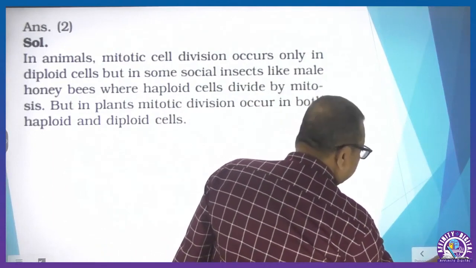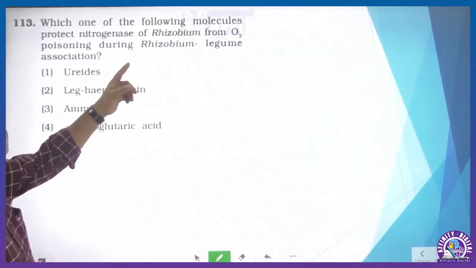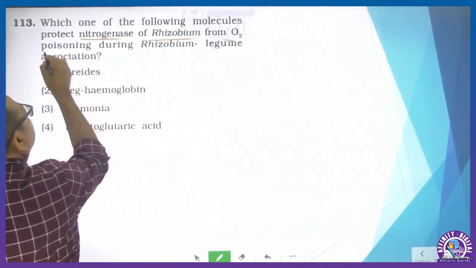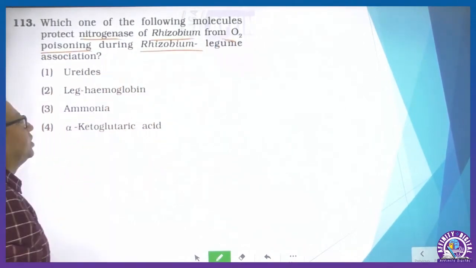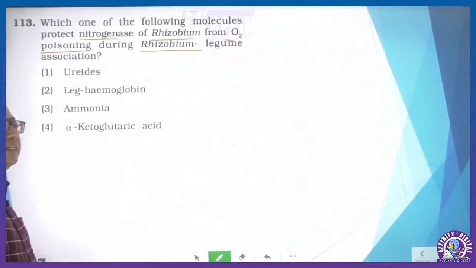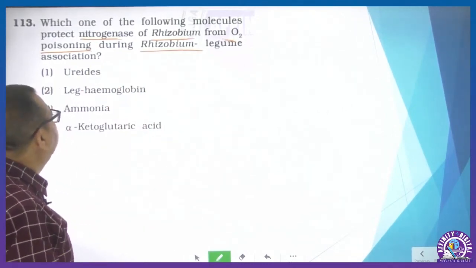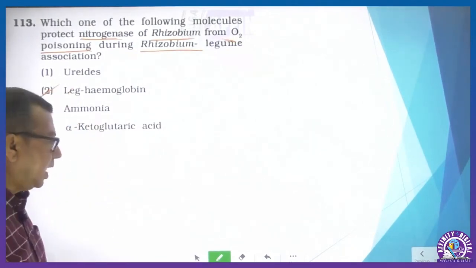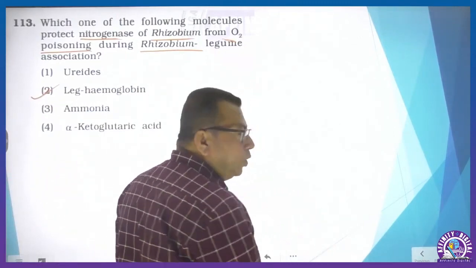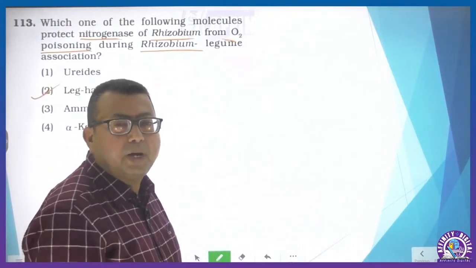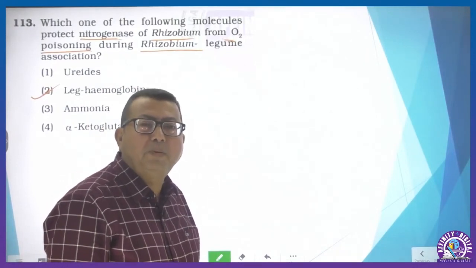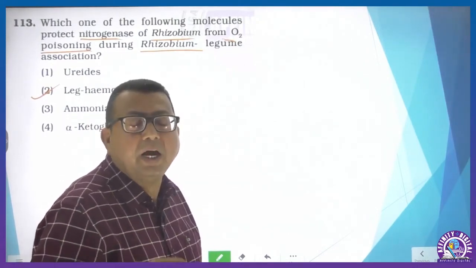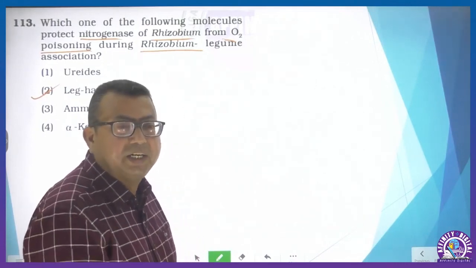ओके, नेक्स्ट क्वेश्चन. Which of the following molecules protect the nitrogenase enzyme of rhizobium from oxygen poisoning during rhizobium legume association? Okay, so answer is leg hemoglobin. Oxygen scavenger called leg hemoglobin होता है. So ये है आंसर. यूरिया नहीं होगा, अमोनिया नहीं होगा, अल्फा कीटोग्लूटारिक नहीं होगा. So leg hemoglobin protects the nitrogenase of rhizobium from getting oxidized by molecular oxygen, as you know that nitrogenase is very sensitive to oxygen.